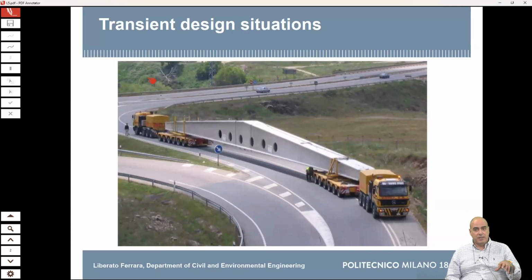And the transport in itself is a process that you have to design. You can see there that you really have to check which roadways you have to go through, because there can be radii of curvature on that road, like in this case, where your beam has to be handled with care.